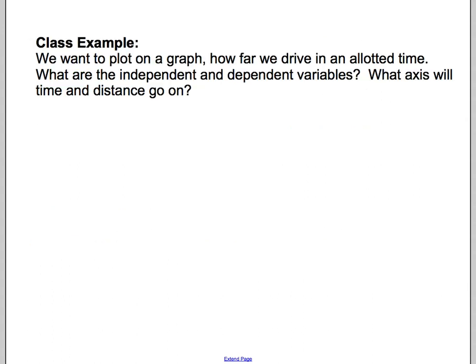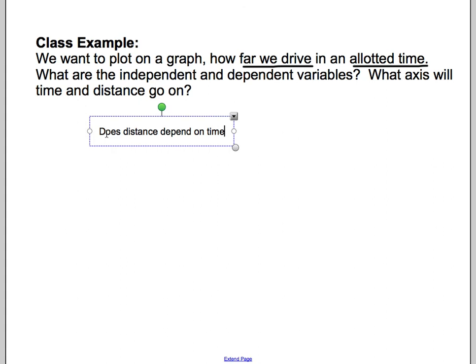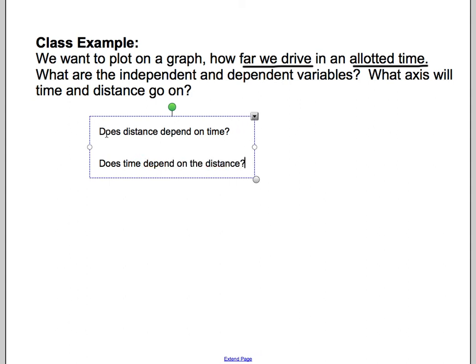So I'm going to take you through an example. We want to plot on a graph how far we drive, so the distance, in an allotted time. We say out loud, does distance depend on time, or does time depend on distance? They both will make sense, but which one makes more sense?